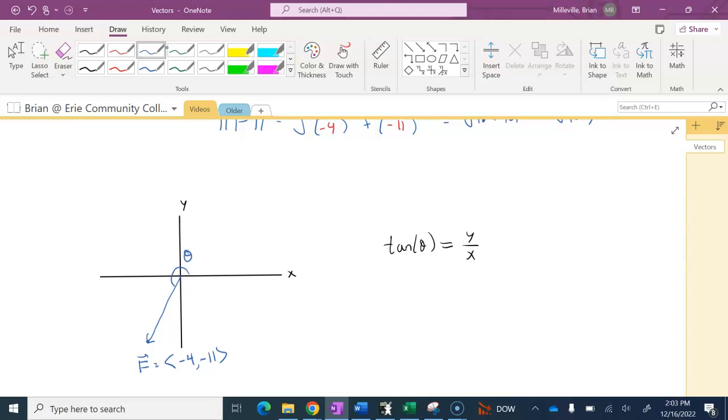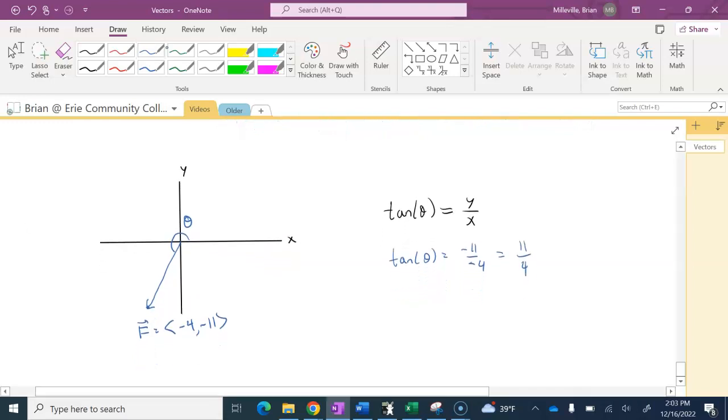So when we say direction, unless specified otherwise, we're talking about the angle coming from the positive x-axis. We showed before that the tangent of the angle theta will equal y over x. So for the angle we're talking about here, tangent of theta would be the y component, -11, over the x component, which is -4. The negatives cancel out. We get 11 over 4.